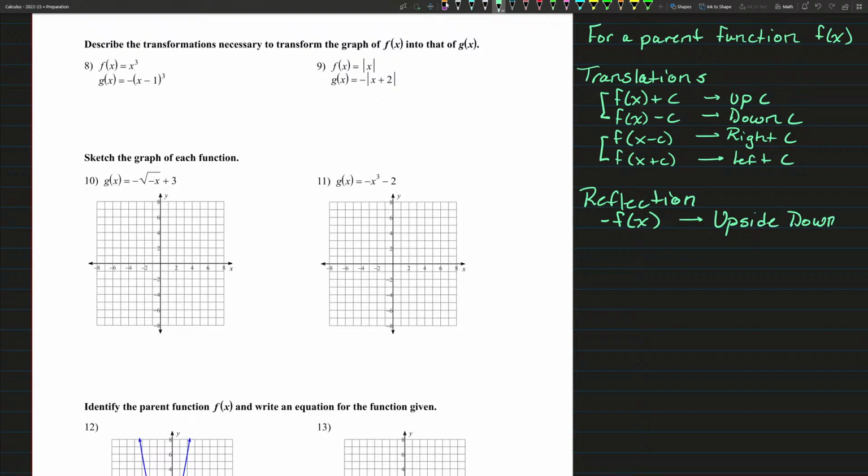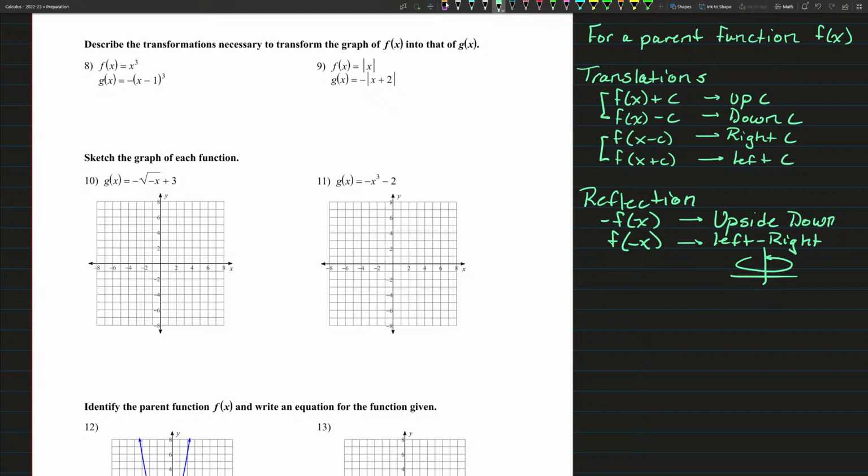And if we make the input negative, that flips it left to right, around the y-axis. Using those rules, we should be able to get the transformations of pretty much every function. The only thing we didn't go over was stretches and shrinks, but that's not as important to what we're going to be doing. Okay, so number 8 and 9 says describe the transformations necessary to transform the graph of f of x into that of g of x.